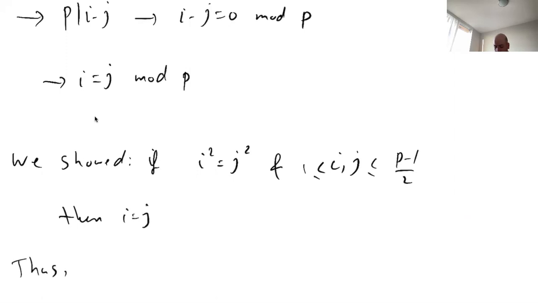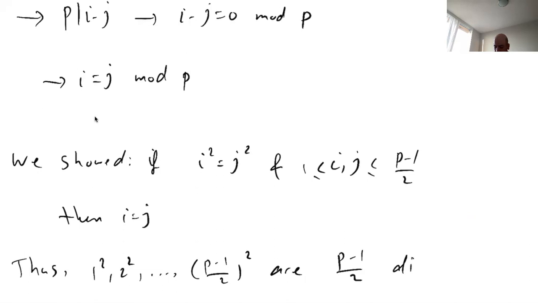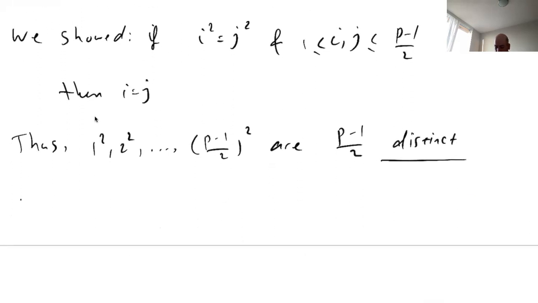Thus, 1 squared, 2 squared, up to ((p minus 1)/2) squared are (p minus 1)/2 distinct numbers in Zp.